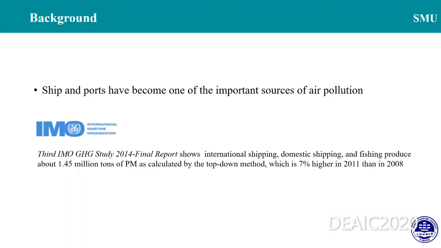As the great artery of the national economy, the waterway is the most important part of transportation around the world, but it can still negatively impact the environment. We take the data from the International Maritime Organization.